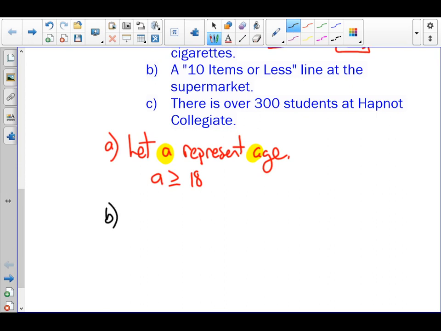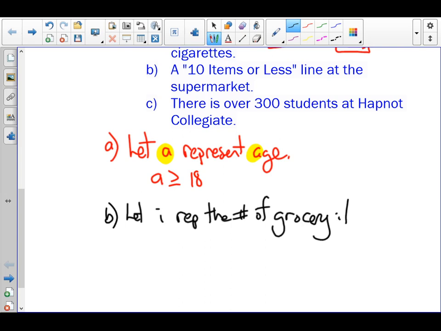So what's the variable? With all customers at a supermarket, what's the variable? Well, we're going to let I represent the number of grocery items.